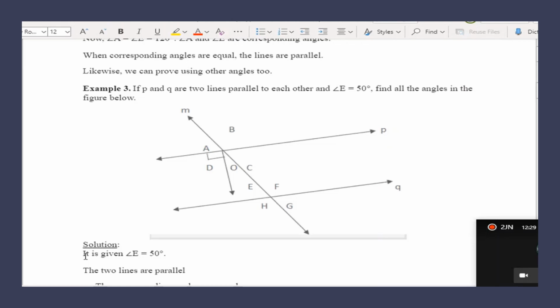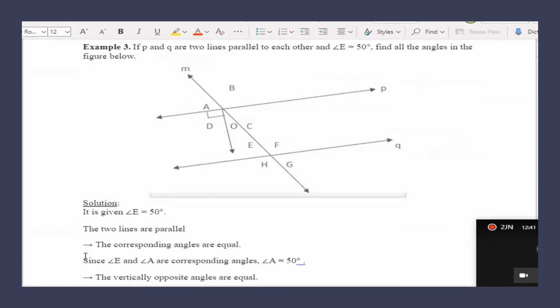It says it is given that angle E is 50 degrees. The two lines are parallel. So since those two are parallel, then this angle E and angle A are corresponding.